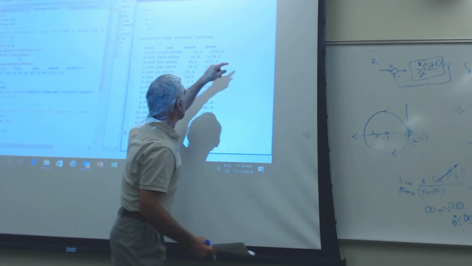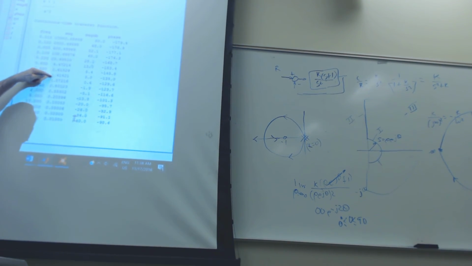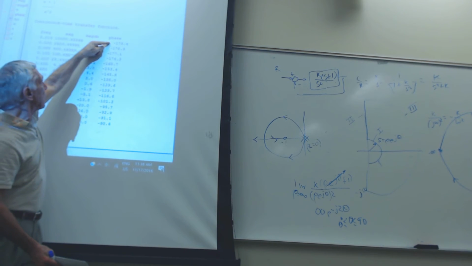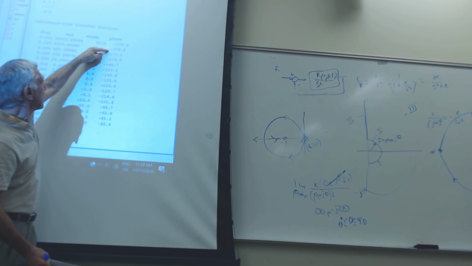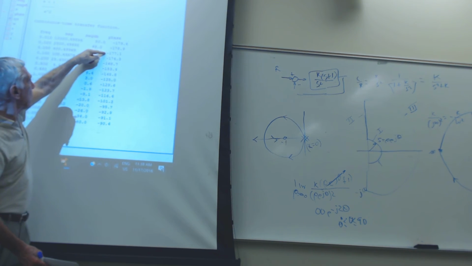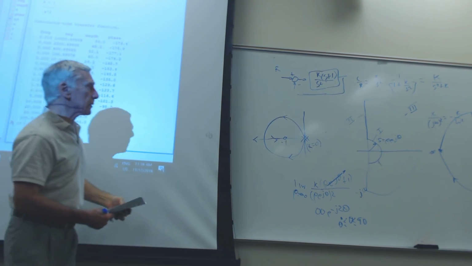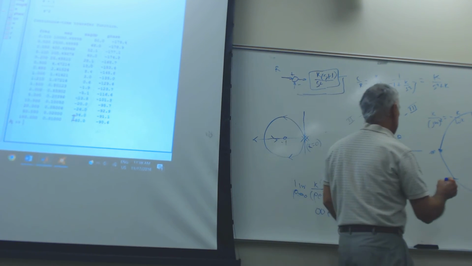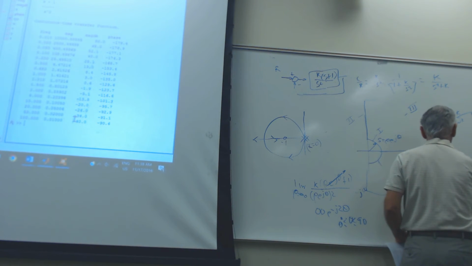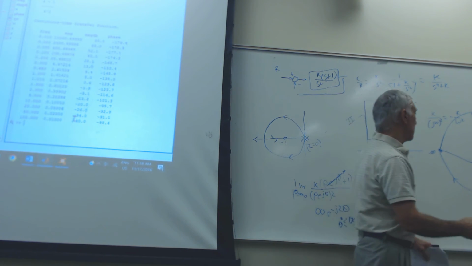And the magnitude is decreasing, getting smaller and smaller. And the phase is going from minus 180 to minus 90. Okay, through minus 135 to minus 90. So what's happening is that it's doing something like this. Coming in like that. Okay.